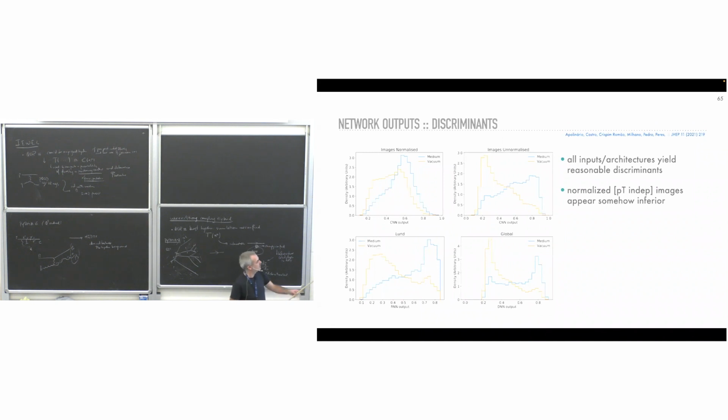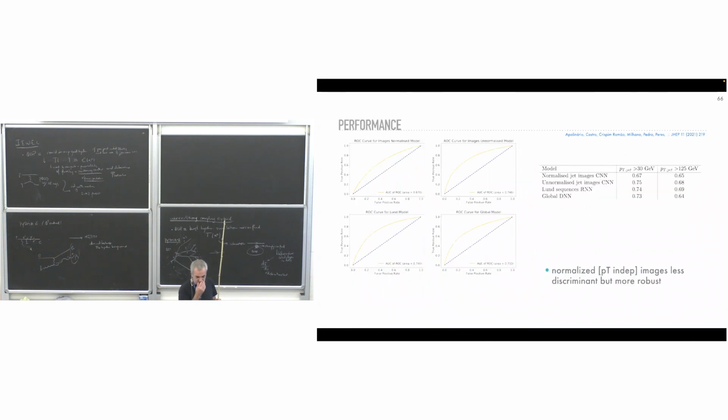If I say I'm only looking at jets that have an output larger than 0.6 here, this is mostly jets that were modified. There's a contamination, some false positives. So what? Everything that we tried worked. This one looks a bit worse, right? When I get rid of the pT information of the jet, the results look a bit worse, but they are actually better.